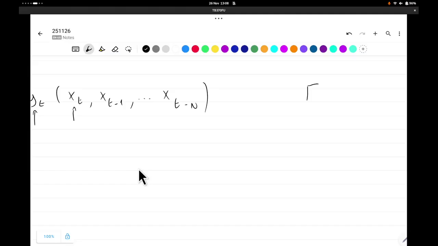So basically, one can say, okay, I have a neural network that outputs some kind of prediction, and then I have a time series here. So I have x at time t-1, t-2, say t-3.